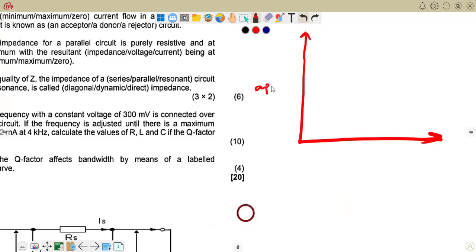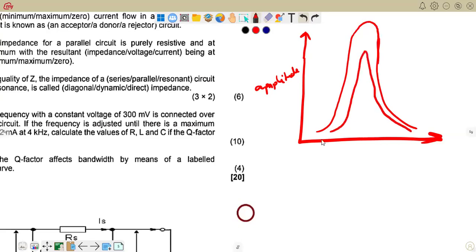So amplitude, right? There we are. That's our amplitude, right? And then we have, okay, there it is. Slightly, a little bit, not that much used. Okay, there we are. Then, right, there we are. So we are saying this is our wide bandwidth.